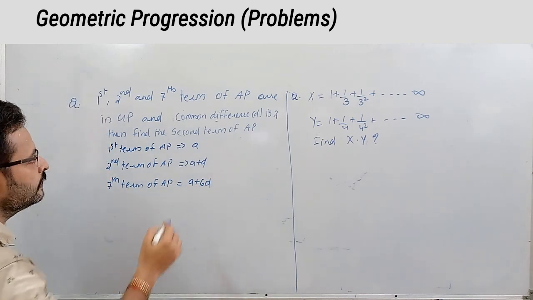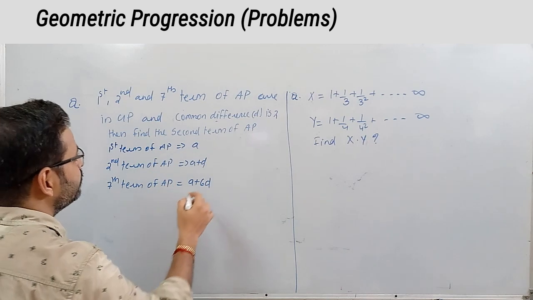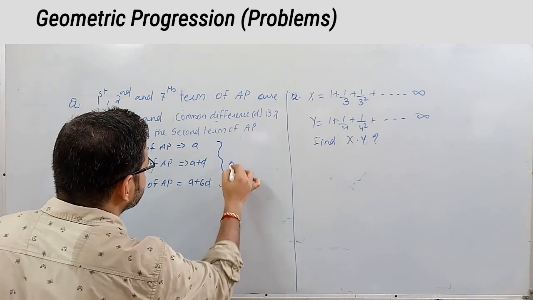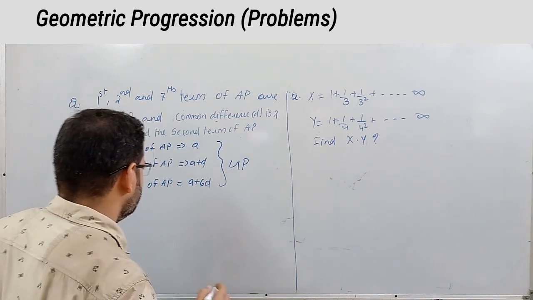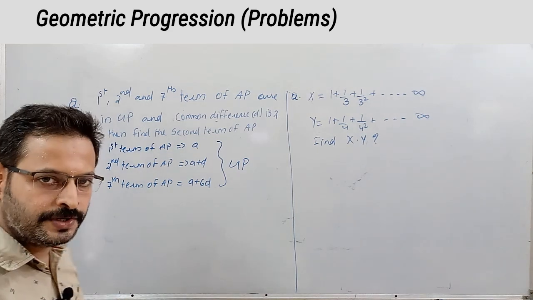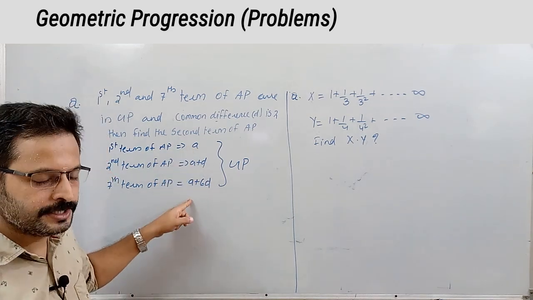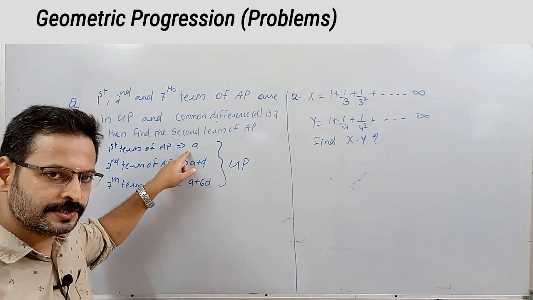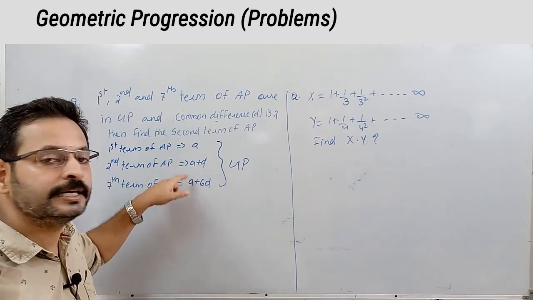It is given that the first, second and seventh terms of AP, these three terms, are in GP. As per the definition of GP, if three terms are in GP, then the second term divided by the first term will be equal to the third term divided by the second term.